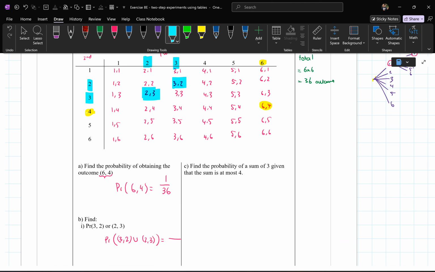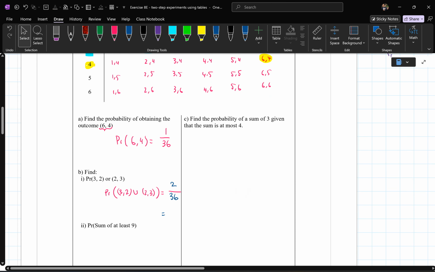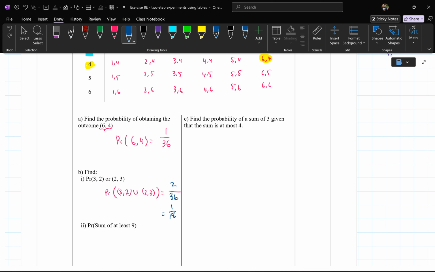Clearly, there's 2 possible options. So there's 2 options that you have out of the 36. It makes sense that you'd say 2 out of 36, but you don't leave your answer as 2 out of 36. You must simplify to 1 out of 18. If you don't simplify to simplest form, you will lose marks. It has to be simplest form.